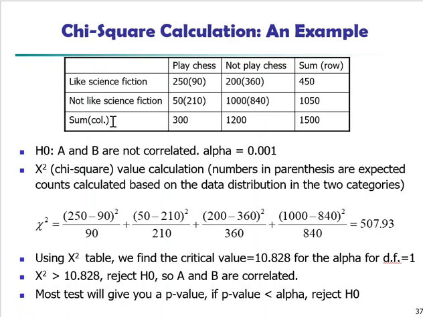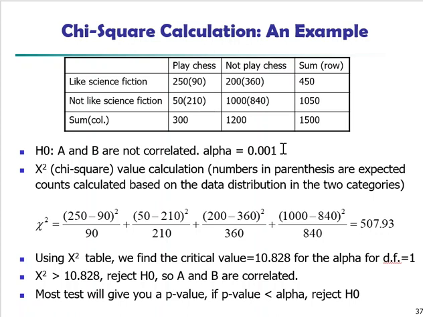Now, using the same example from the last slide, our null hypothesis concerns variable A, like or not like science fiction, and variable B, a binary variable, like or not like playing chess. We want our test significance to be 0.001.